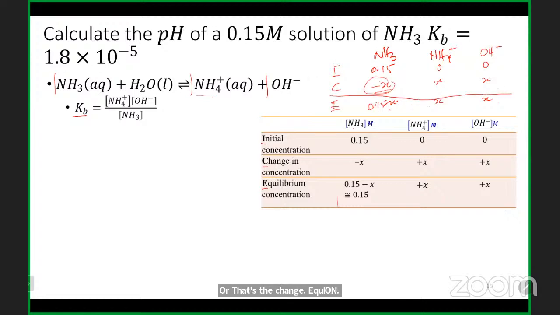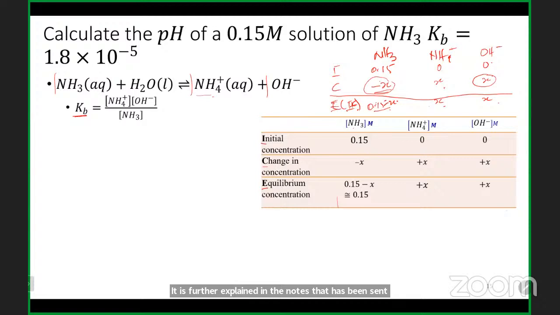Now our total equilibrium concentration will be the addition of those two columns, I plus C. So 0.15 plus minus X, and 0 plus X, 0 plus X. We have just called this a change in concentration. It is further explained in the notes that have been sent to you.